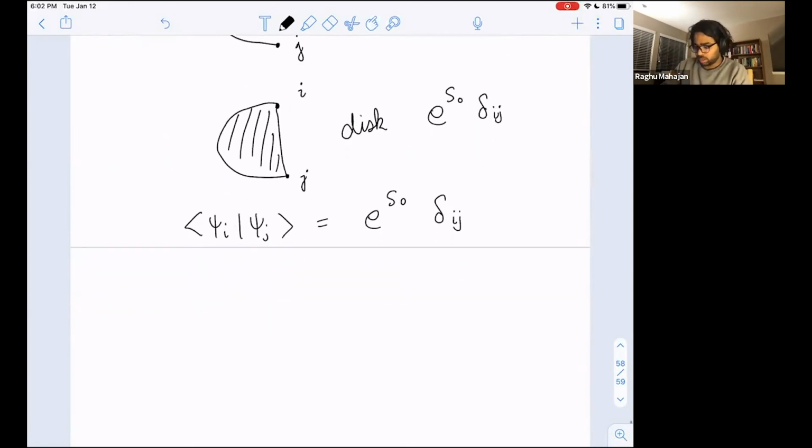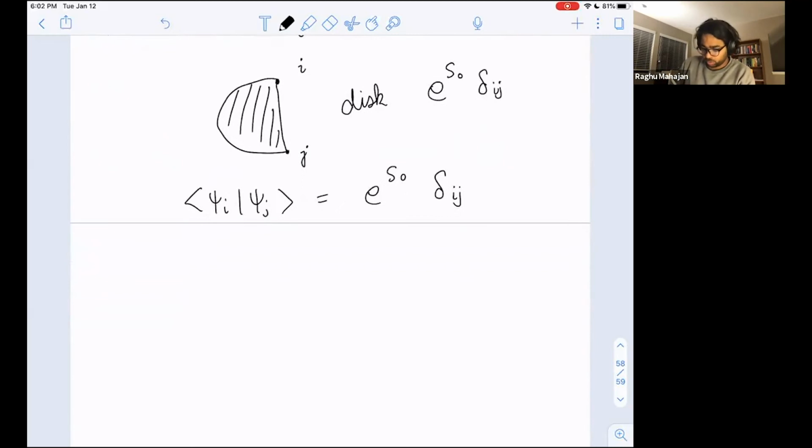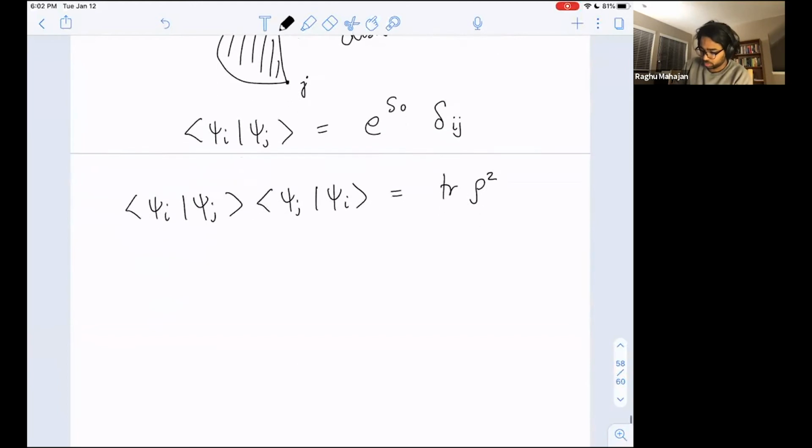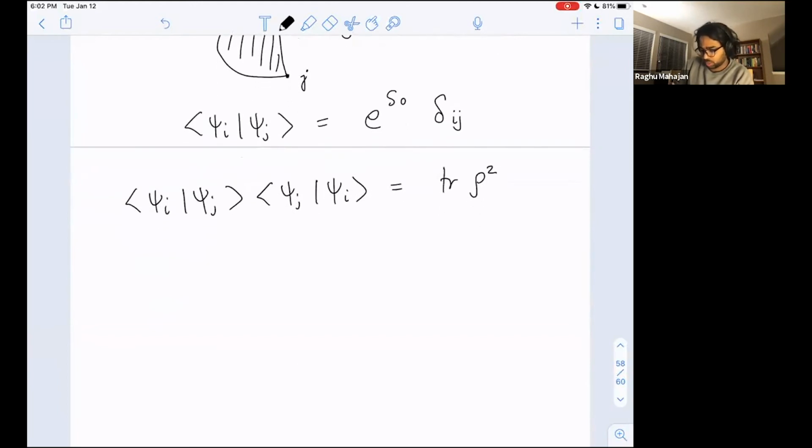Okay, but now let's also try to compute directly psi I, psi j, psi j, psi I, right? This was equal to trace rho square from our previous sum over I and j from the previous formula. Now the boundary conditions are two of these.